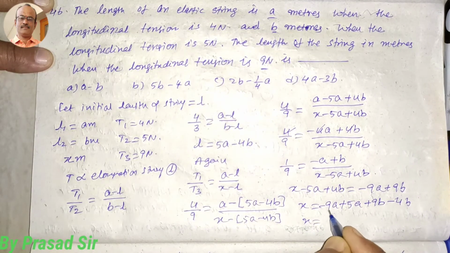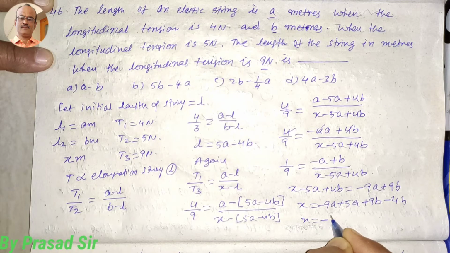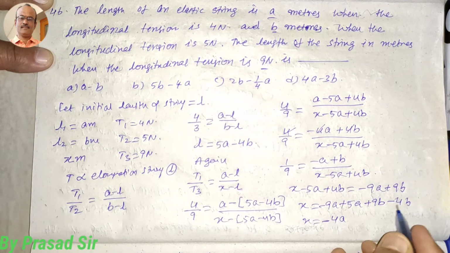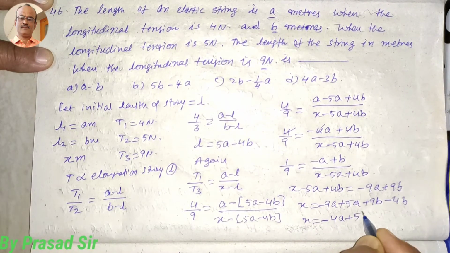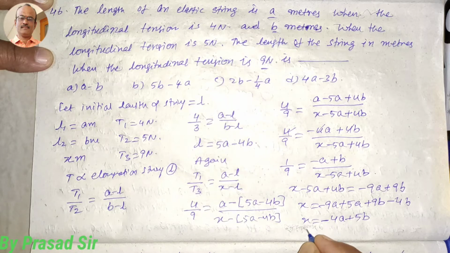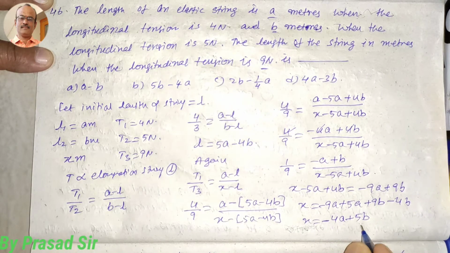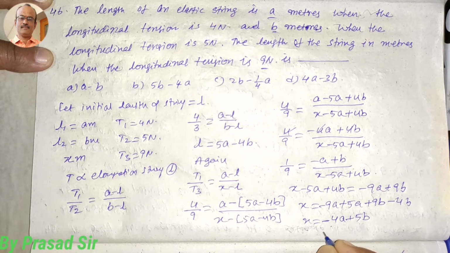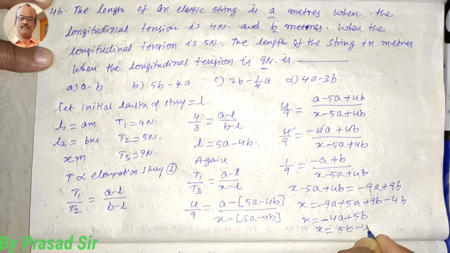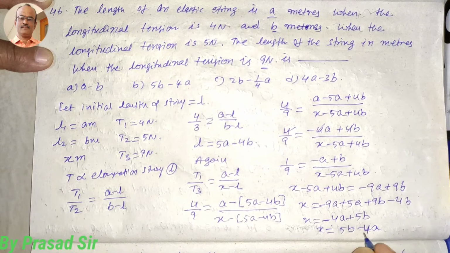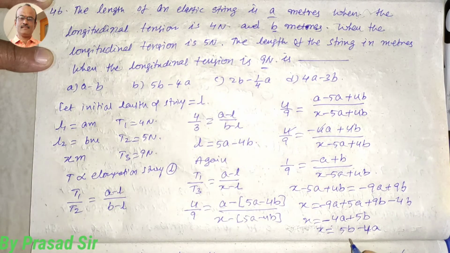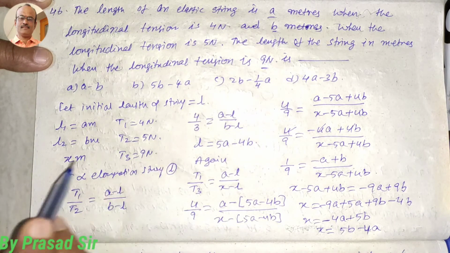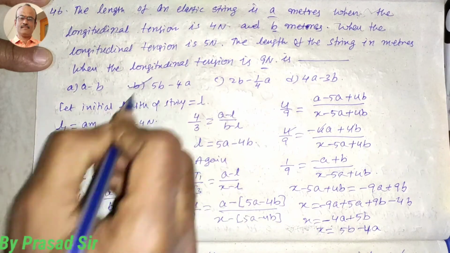So x is equal to minus 4A plus 5B. The x value is 5B minus 4A. So this is the length where we will get the tension as 9 newtons. So the option is B.